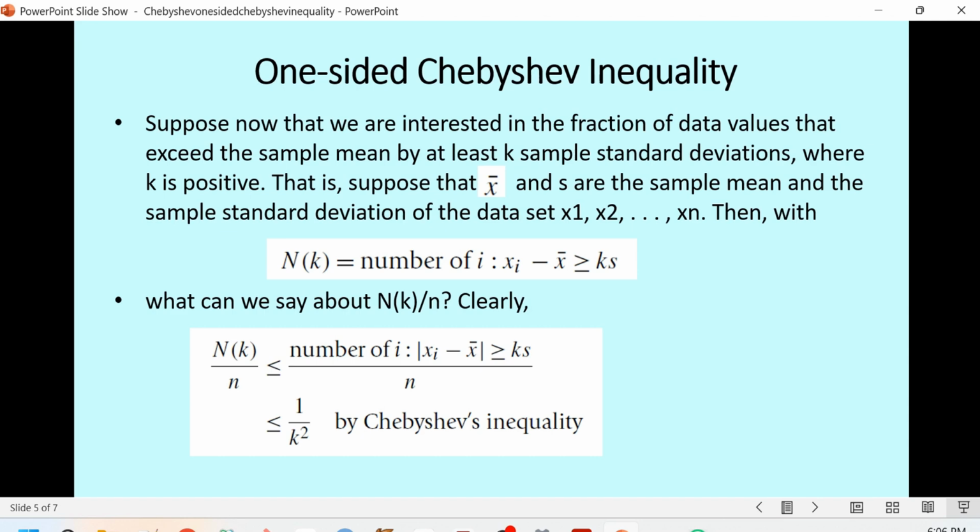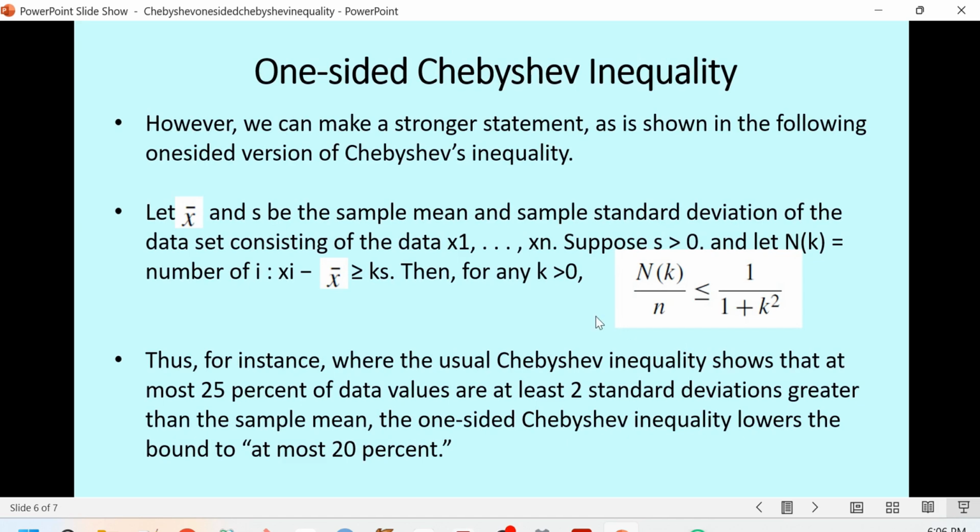This is not wrong, because the proportion of data larger than ks around the mean is less than 1 divided by k squared if we get the answer from Chebyshev's inequality.